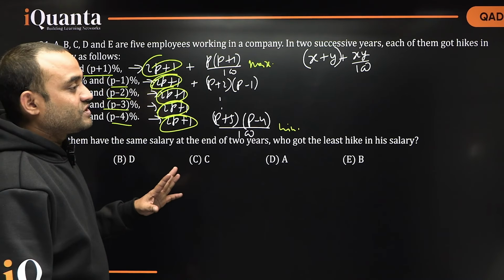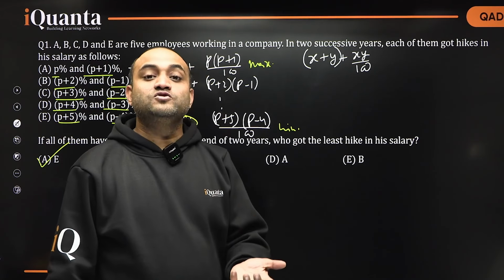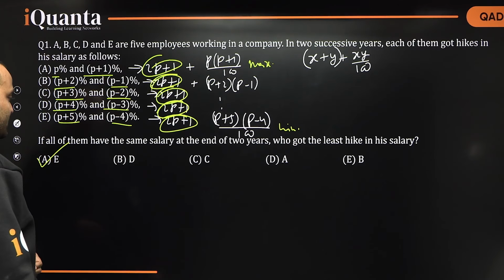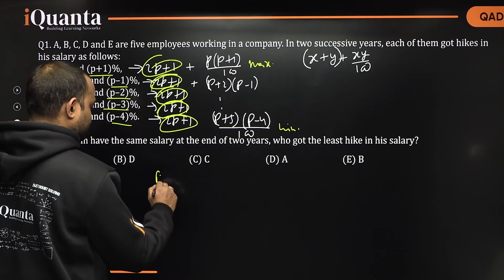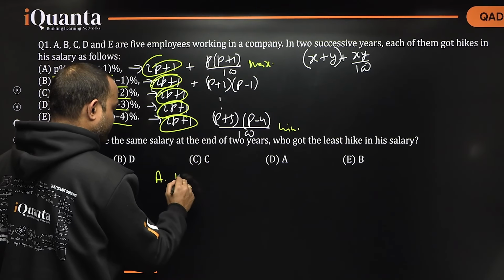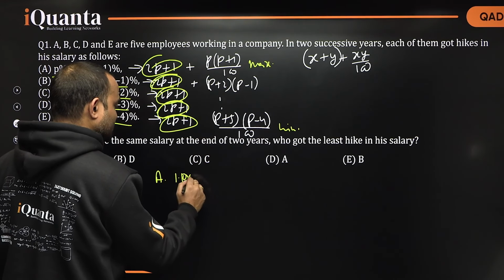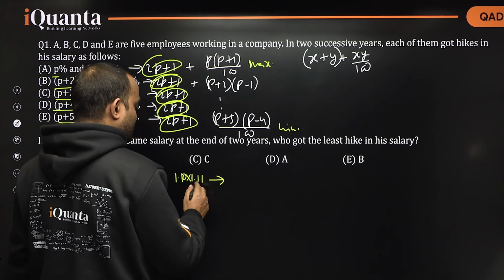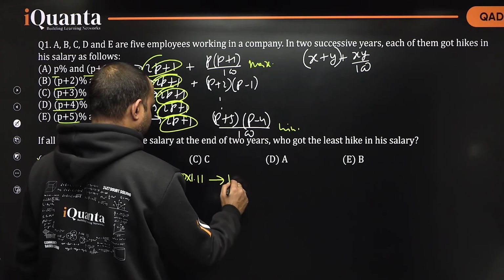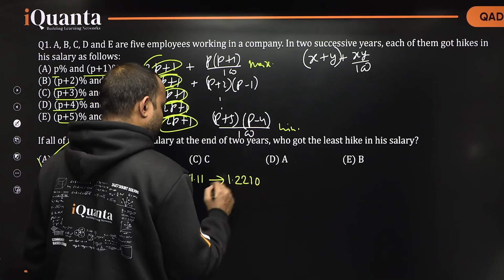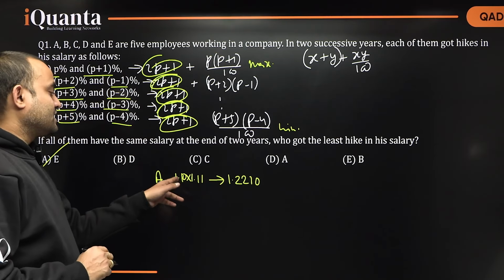Other than that, what you can do, you can take the values as well. Like if I take P equal to 10, so what will happen? So in option A, the total change is 10% and 11%. So 1.10 into 1.11. So the overall change will be here. 10 into 11, 110.